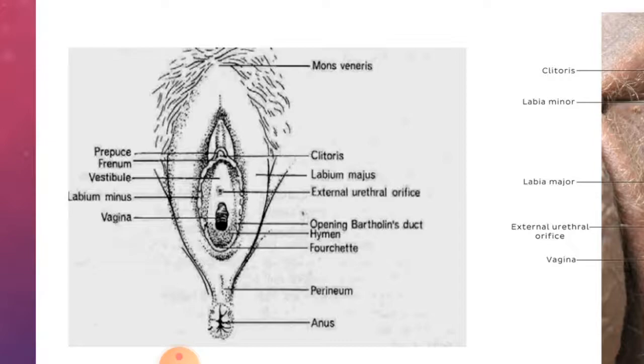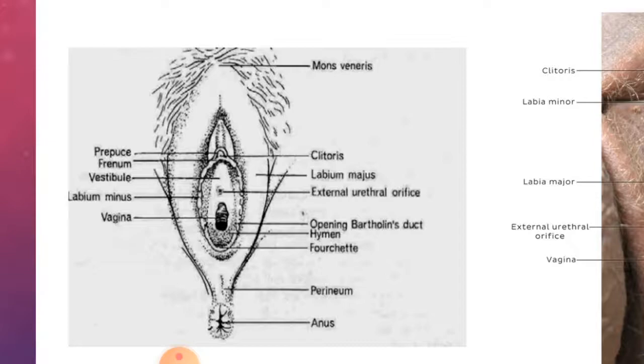External genitalia are collectively called vulva, that consist of labia majora, labia minora, the clitoris, the vaginal orifice, and the vestibule, the hymen, and the vestibular glands.